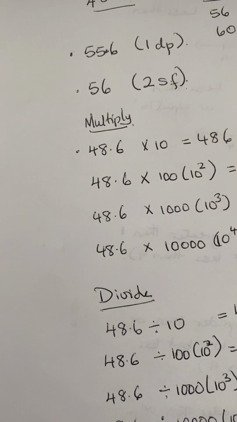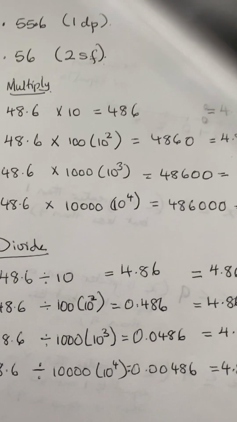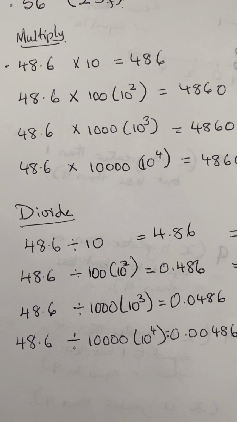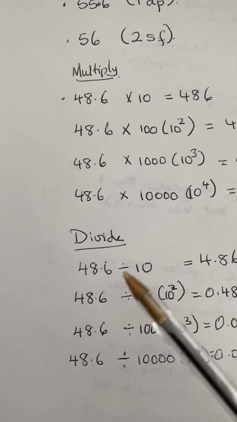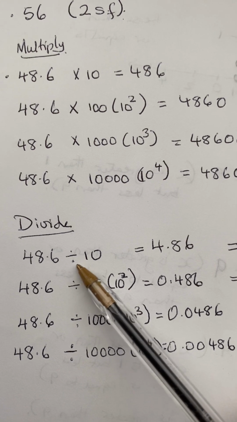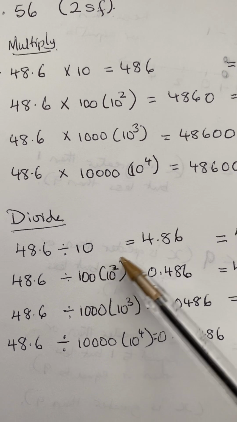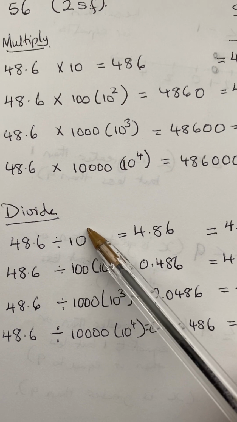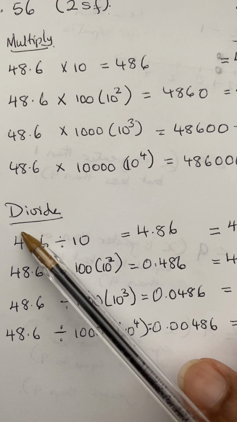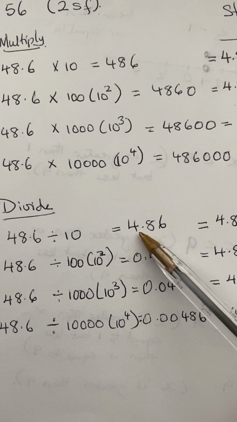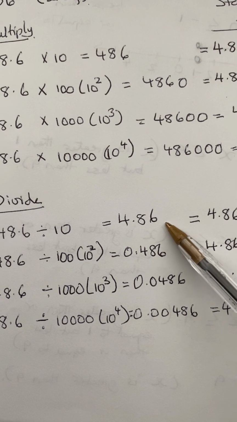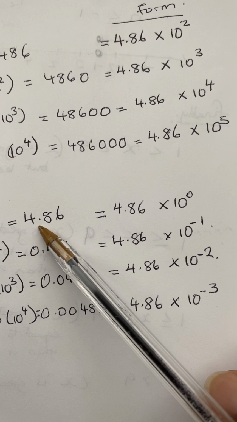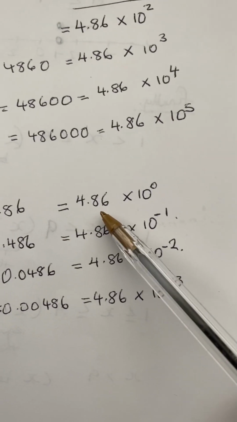Now let's look at the same decimal and do some division with the powers of 10. So 48.6 divided by 10 will be equal to, so here, because 10 is the power 1, it will move one place backwards. So it will be 4.86. Now to put this in the standard form, the decimal is between 4 and 8, so there.